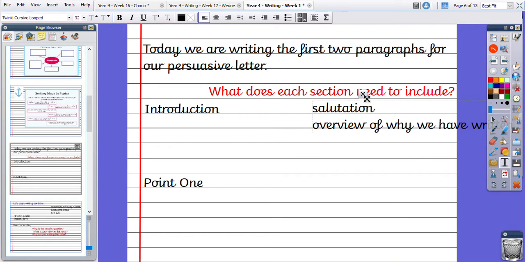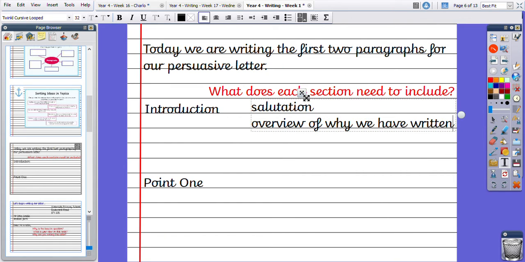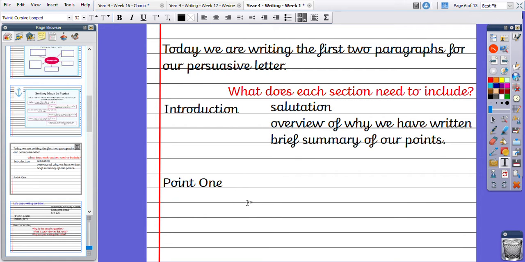So we need to describe that we are writing the letter because we want to persuade Mr. Arable to save the runt pig. And we're going to have a brief summary of our points. So what we are going to say in our letter. And then moving on to our second paragraph, point 1.